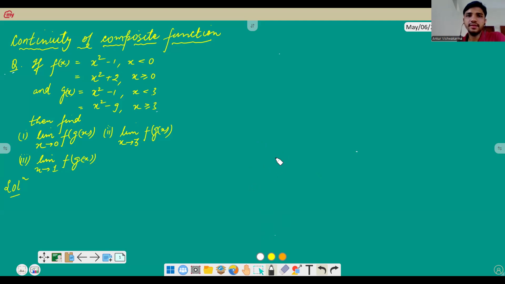We have introduced this earlier also a little bit. We have seen that a continuous function of a continuous function is continuous.